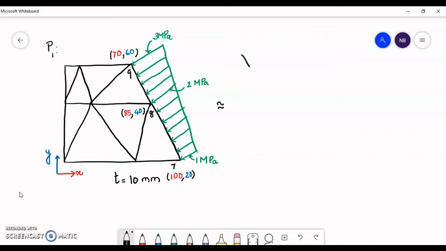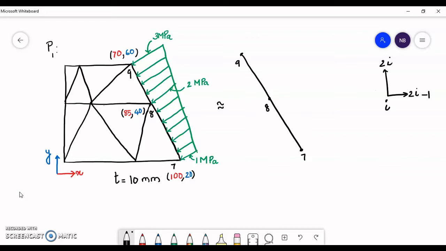Now let me draw the edge 7, 8, 9. So node 7, node 8 and node 9. For any node i, the degrees of freedom will be given by 2i and 2i minus 1.